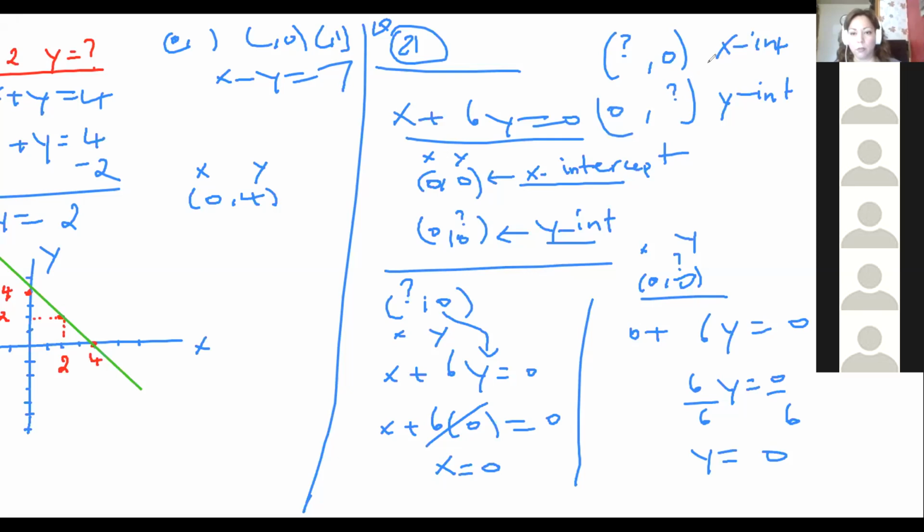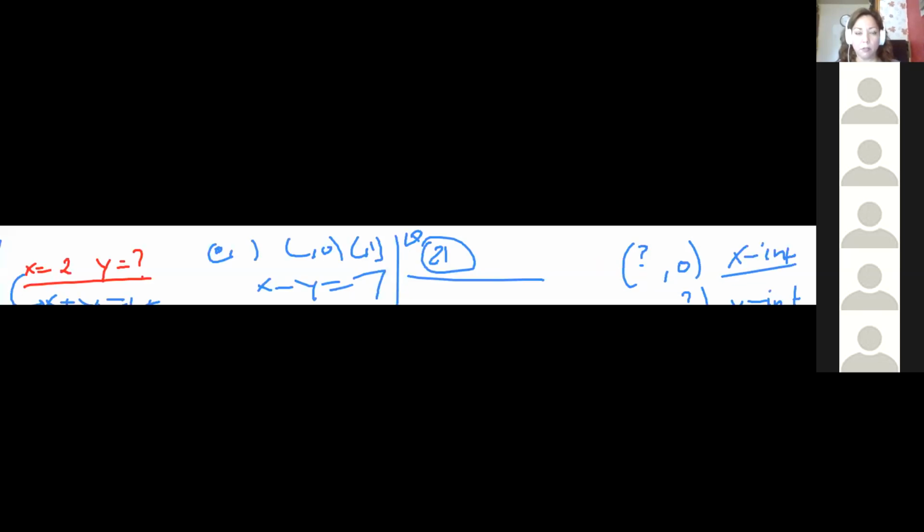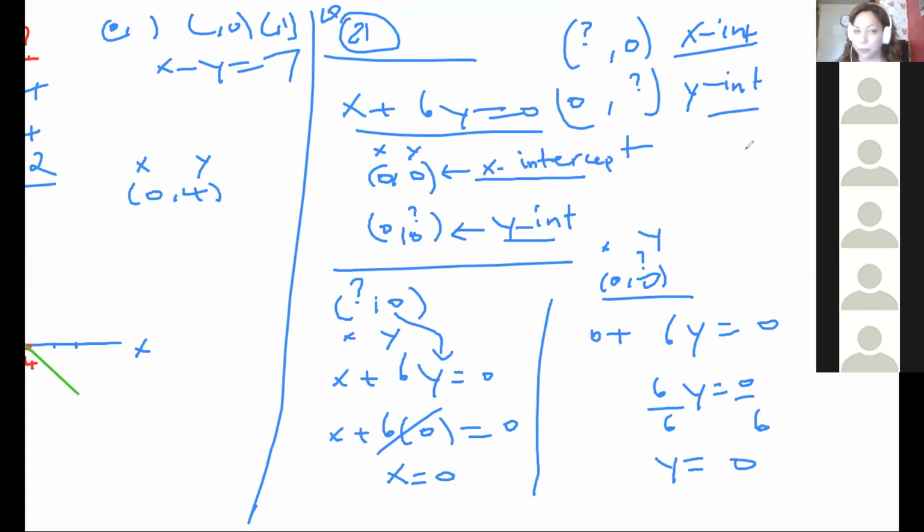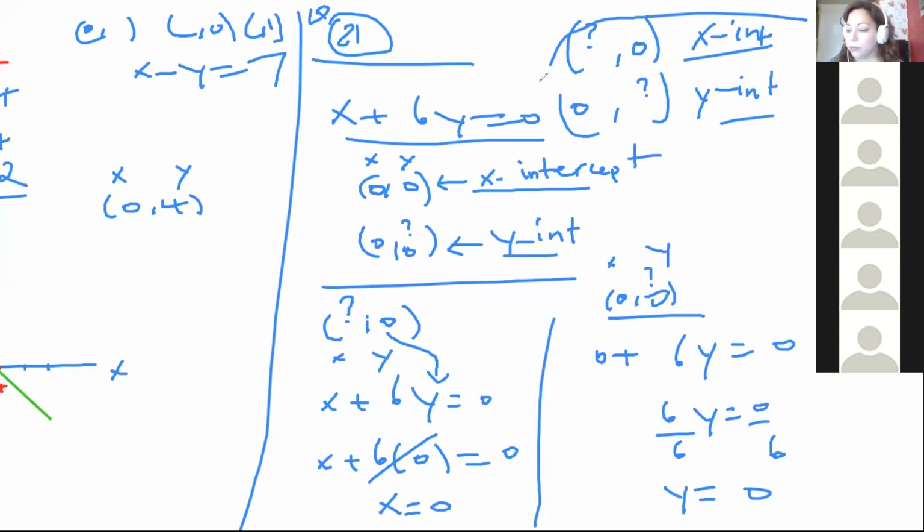The next time you hear find x and y intercept, it just means two pairs. Do the 0 on one pair value, do the 0 on the other one, and complete the pair. Okay, that's the same for all those questions. So x and y intercepts, that's basically it. You write this down, then you find the missing values using the equation.